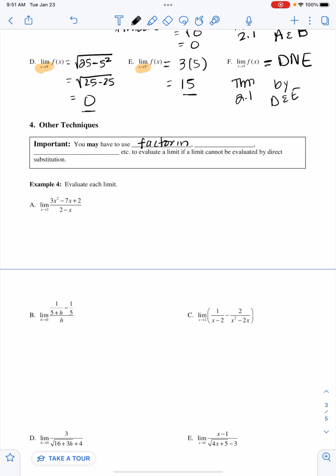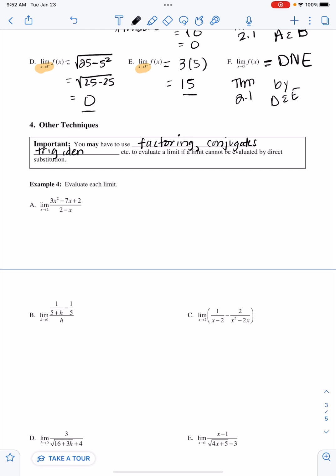Factoring is a big one. Okay, so you definitely should know all your factoring rules coming into calculus. We're going to use this thing called conjugates. Okay, that's going to help us out whenever we hit problems with square roots. And then you may have to use some trig identities.